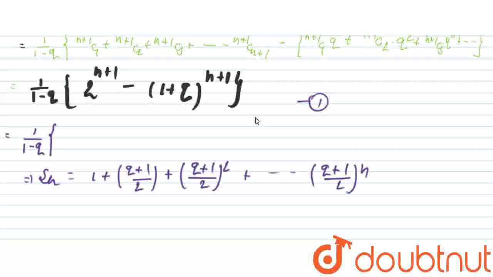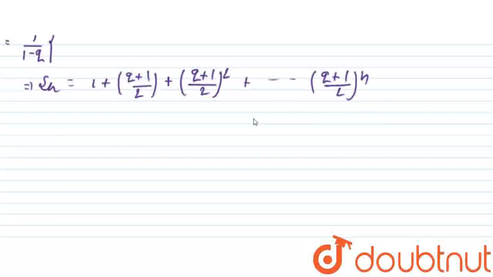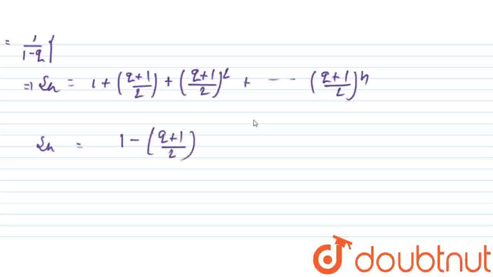This is the summation of n plus 1 terms. Again I can write this summation of Sn. If I apply the geometric progression formula, (q plus 1) divided by 2 is the common ratio, to the power n plus 1, because it is going up to n plus 1, since 1 is also there, divided by 1 minus (q plus 1) divided by 2.